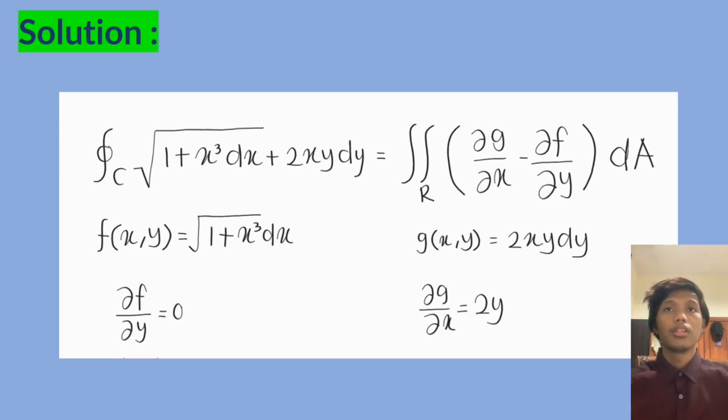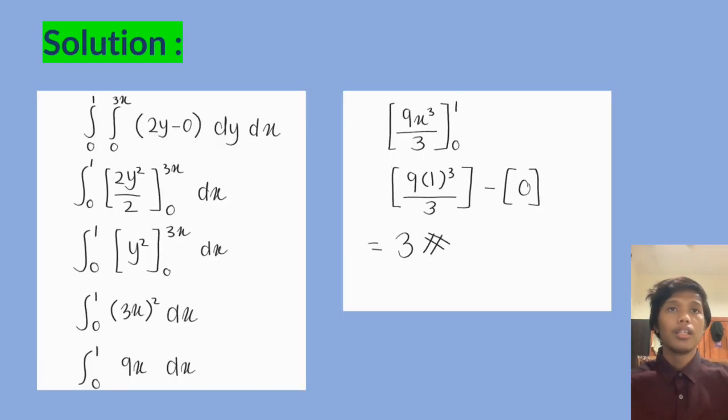We must differentiate both of them. So for f(x,y), after we differentiate delta f with respect to y, the answer is 0, and for g(x,y), after we differentiate delta g with respect to x, we get the answer 2y.